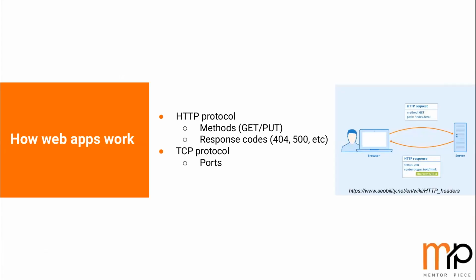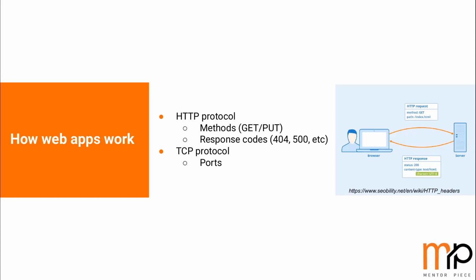So how do web applications work? They are called web applications because they work in the browser, and to work in the browser, they basically need to use the HTTP protocol.